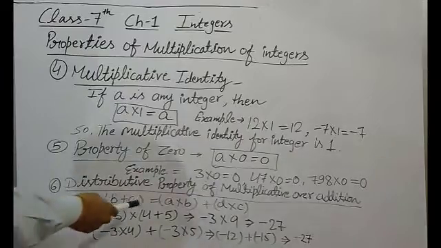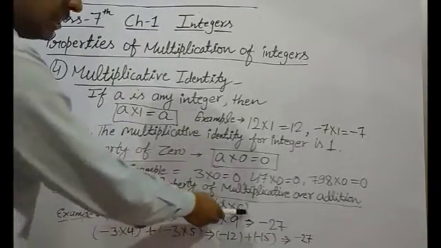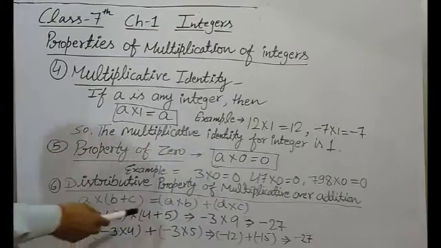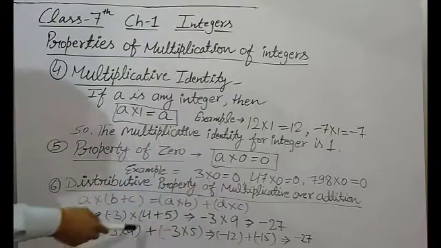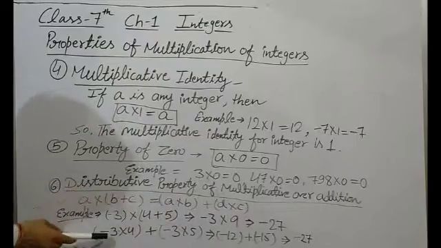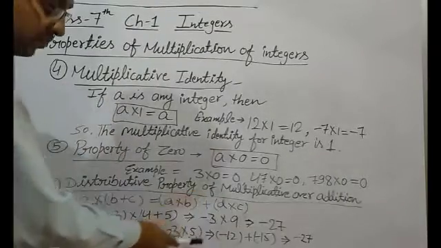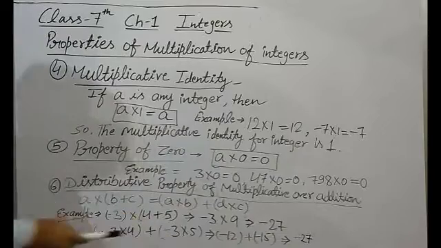Now we solve the RHS. a multiply b plus a multiply c. So we write the integers, the values of a, b and c. So a multiply b means -3 multiply by 4 plus a multiply c, -3 multiply by 5.